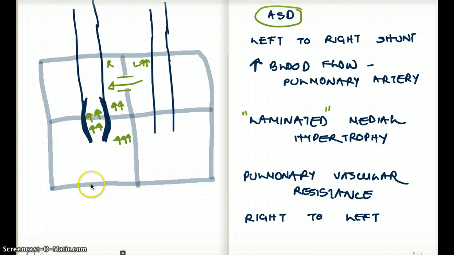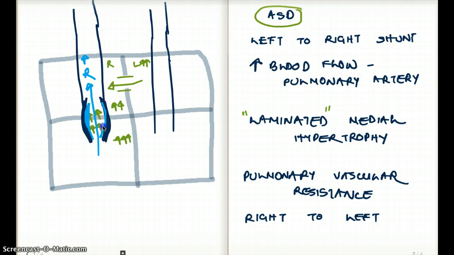So as a result, there is increased pulmonary vascular resistance. Because of increased blood flow, the resistance of pulmonary vessels is going to increase. As this problem becomes more and more severe, pulmonary resistance becomes so bad that very little blood flow goes to the lungs.